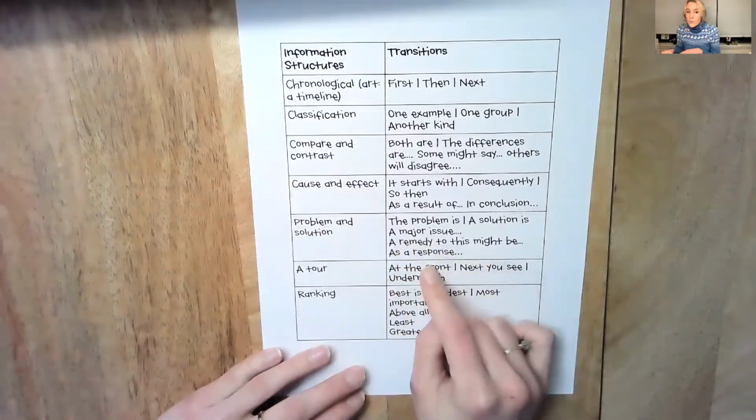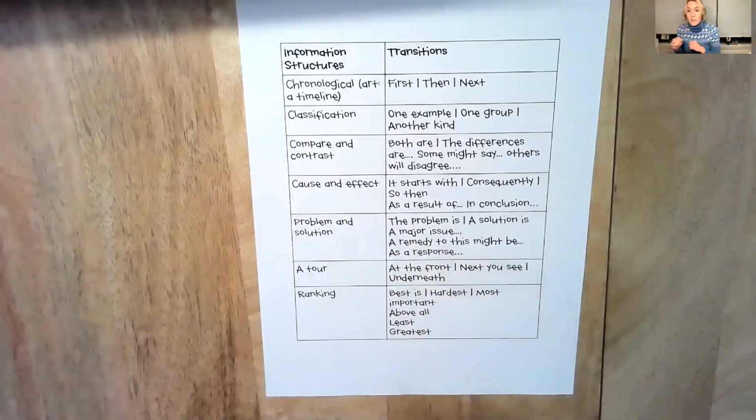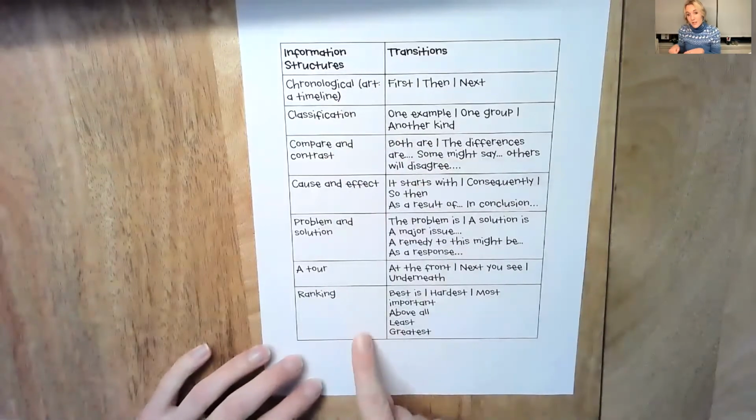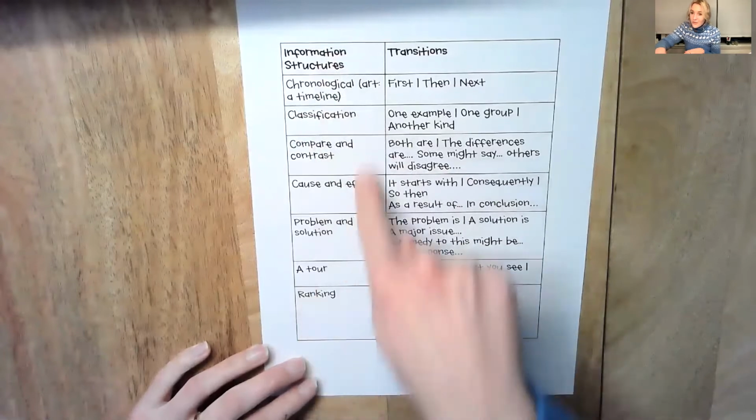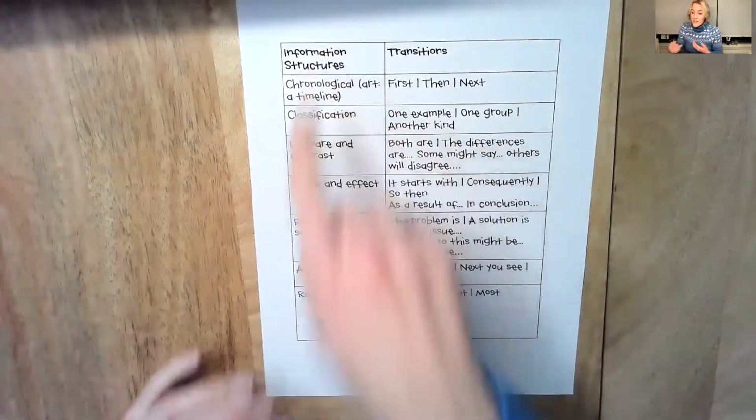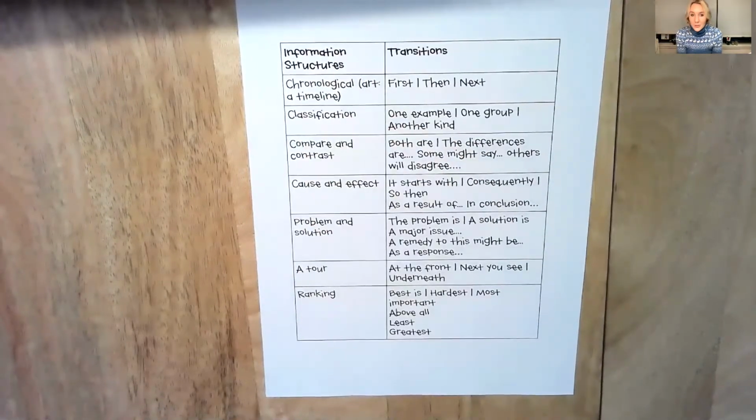These phrases will let the reader know that you're moving from one part to the next, from one subtopic to the next. And it also will help your reader to understand the main idea. You might remember from reading nonfiction that structures can help us to figure out main ideas because it's kind of already embedded there. So be that for your reader.